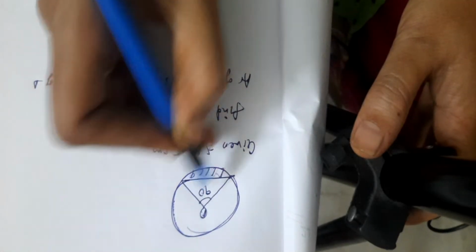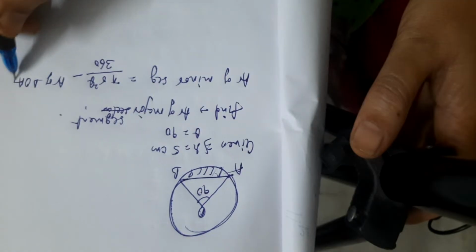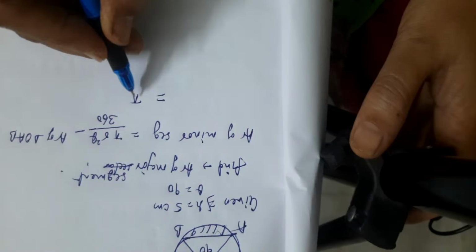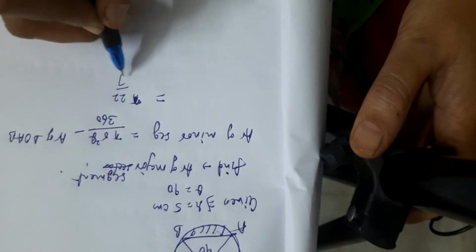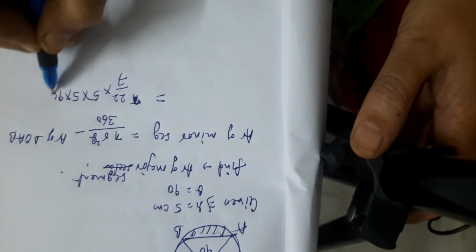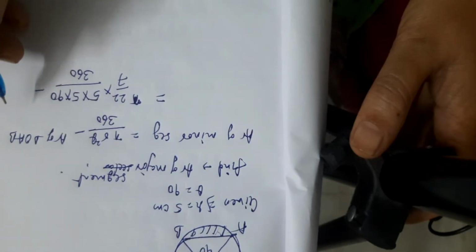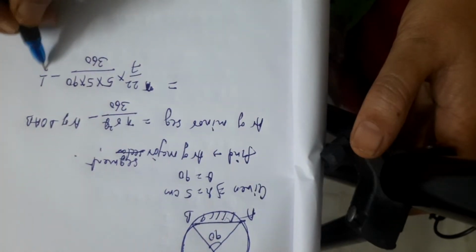If we label it OAB, now pi value is 22 by 7, r is given 5, theta is 90 upon 360. For the area of the triangle, if the angle is 90, we can take it as half r square.